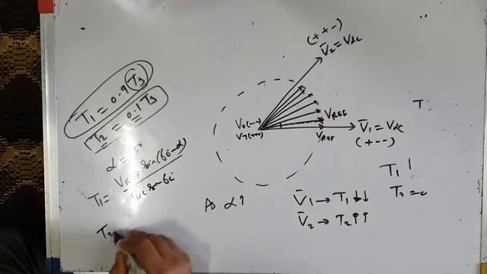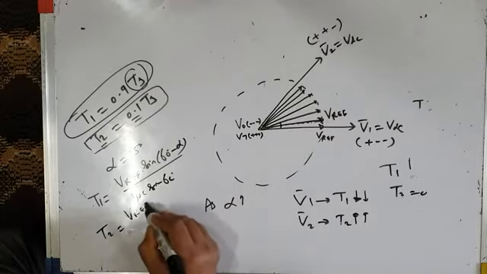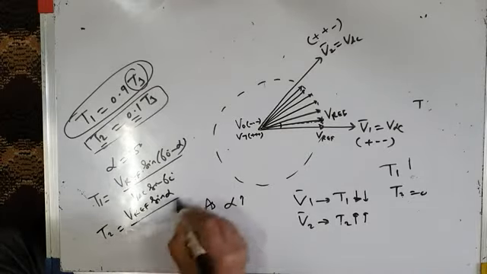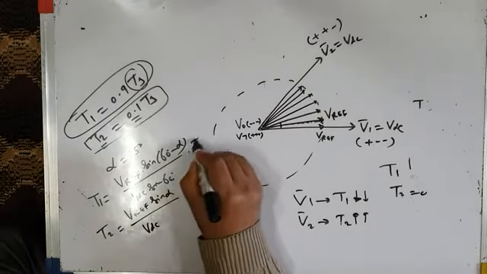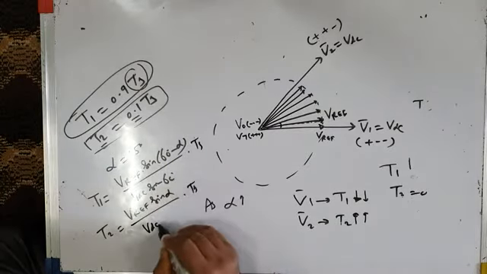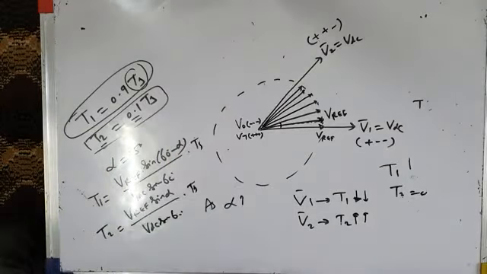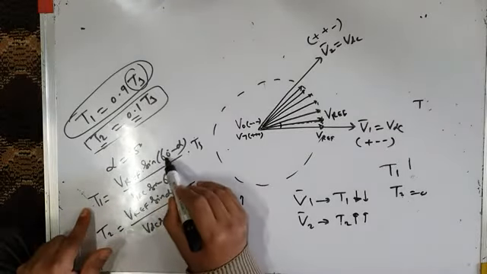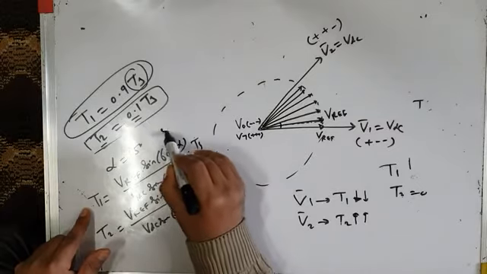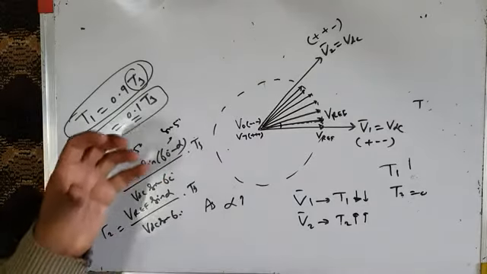And T2 is Vref sine alpha by VDC sine 60 degrees into TS. When alpha is 55 degrees, what is T1? It is sine of 60 minus 55 degrees.